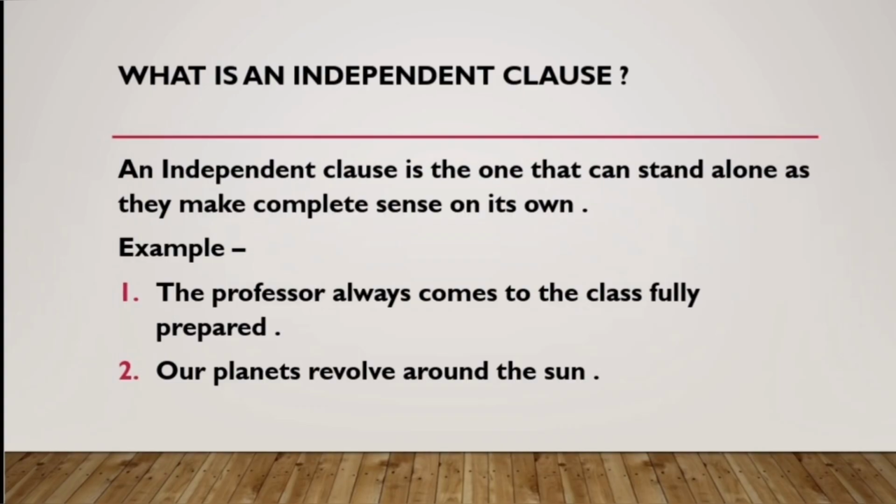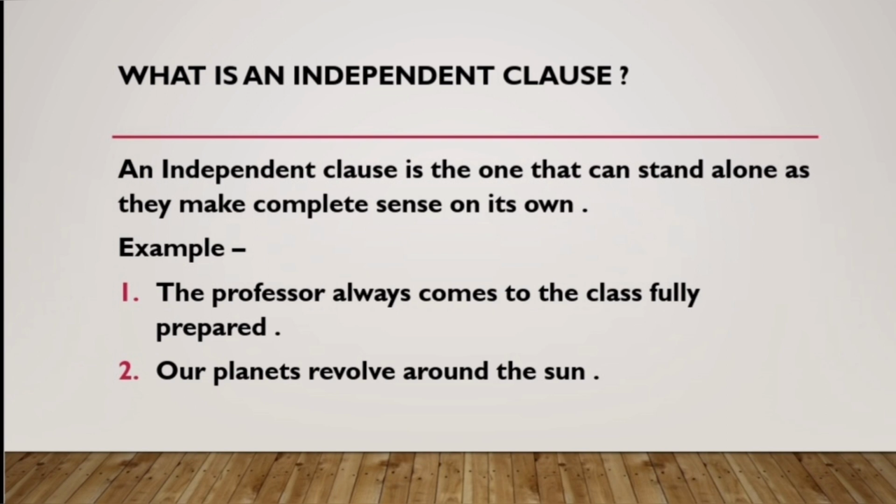As we know, there are two types of clauses, independent clause and dependent clause, and this video is about independent clause and its types. So an independent clause is the one that can stand alone, as it can make complete sense on its own. Basically, an independent clause is a clause that can stand by itself like a simple sentence.